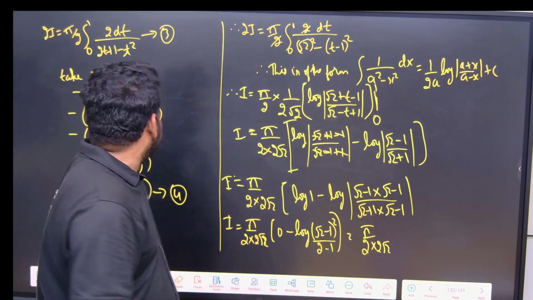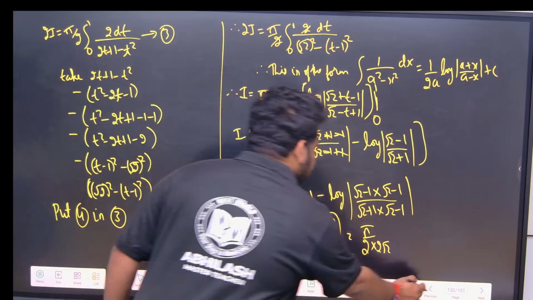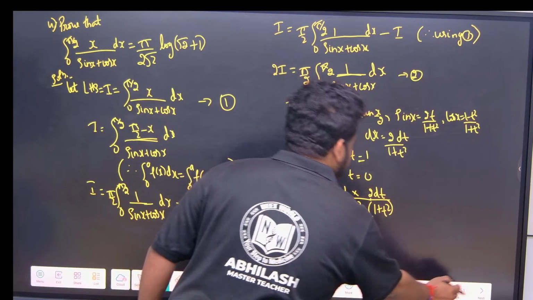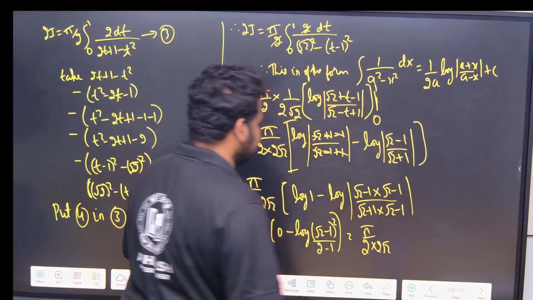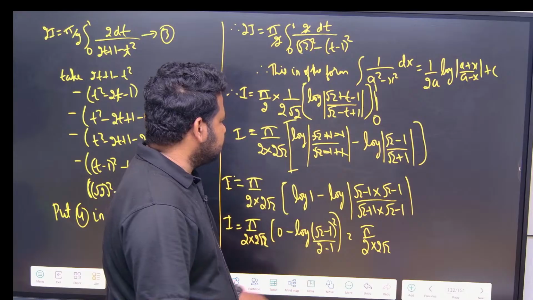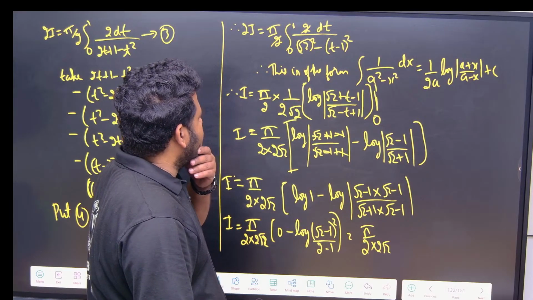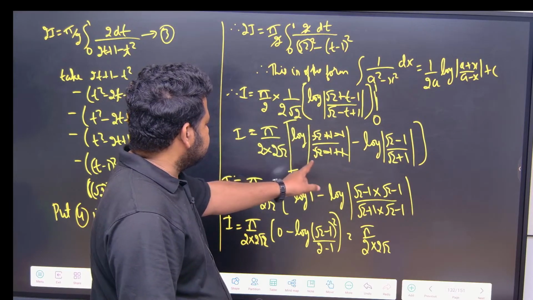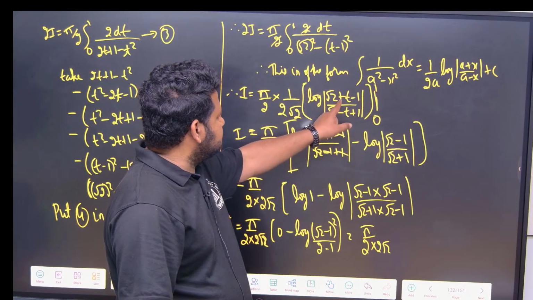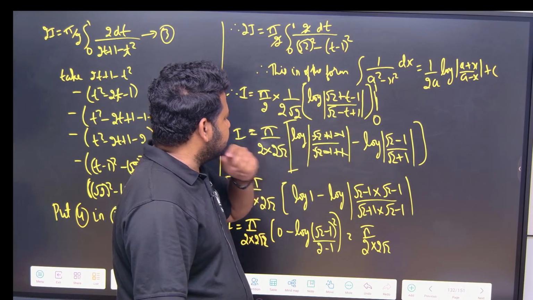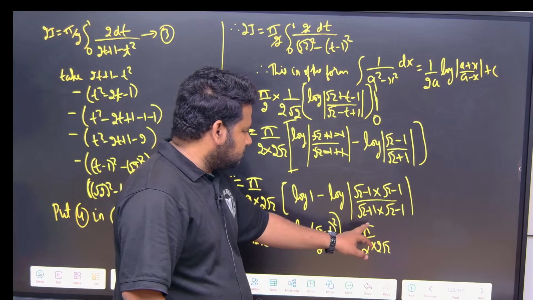Let us observe here what we have to prove. Let me check once: root 2 plus 1, correct, this is root 2 minus 1. If I apply 0, this is 0, root 2 minus 1, and this is what I will be having, 2 minus 1.